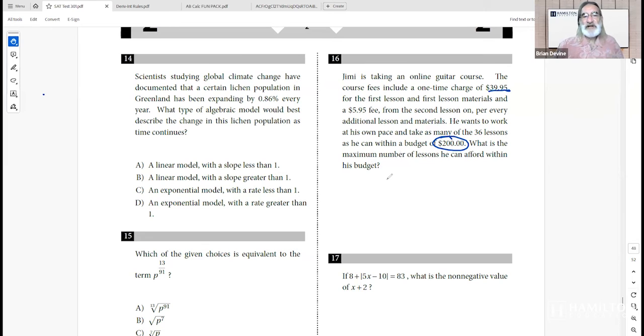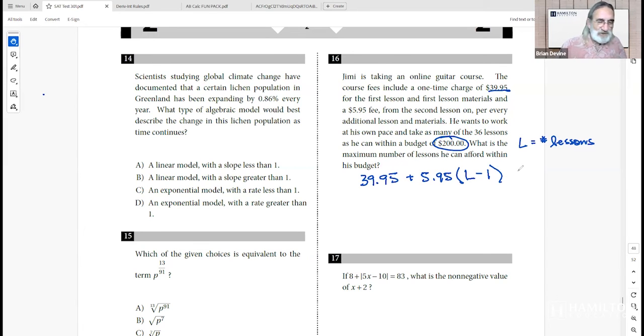Well, if it costs $39.95 for the first lesson and materials, and then $5.95 for all the other lessons, what if I let L equal the number of lessons that he can take? Then $5.95 times L minus 1, because he already paid for the first lesson, and it's $5.95 for all the lessons after that.